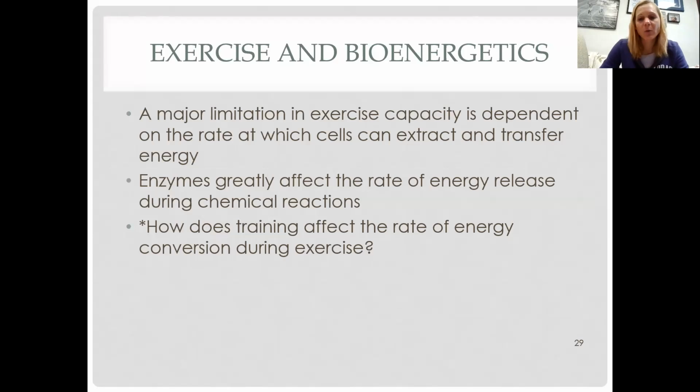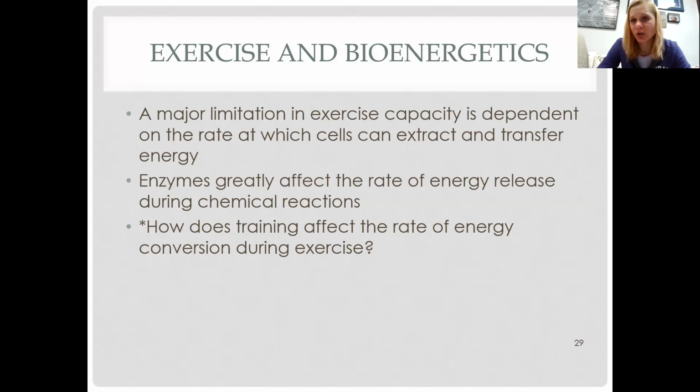So again, when we think about what is bioenergetics as it relates to exercise, it's important for us to understand why we need to know this, or why this is important to us as it relates to nutrition. So one major limitation in exercise capacity is dependent on the rate at which we can extract or utilize these various energy systems.